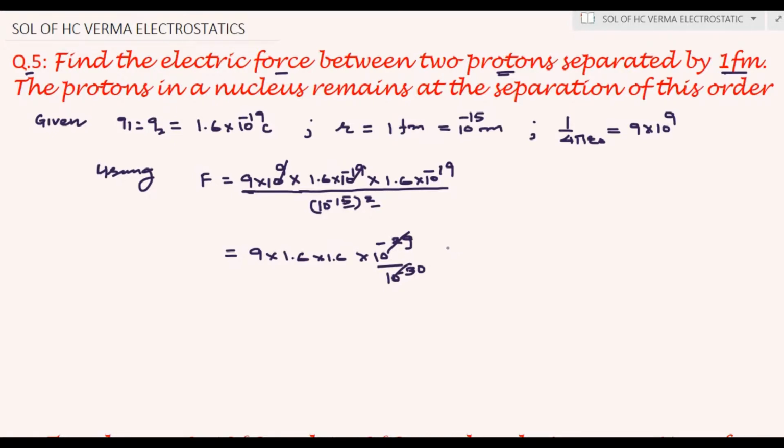Cancel out, only 10 will remain there. That's why finally you have the answer 9 into 1.6 into 1.6, and the force between two protons will be 230 Newton.